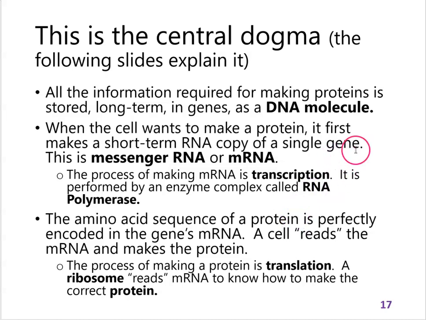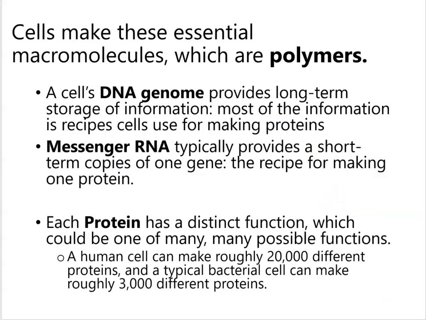Some people, when talking about the central dogma, also look at how DNA is copied, because when a cell divides and tries to become two cells, it needs to first copy all of its DNA. And so that often is part of it. And the DNA molecule is copied by an enzyme complex called DNA polymerase. So RNA is made by RNA polymerase, DNA is made by DNA polymerase.